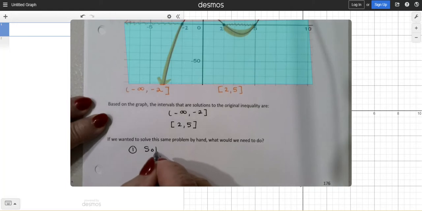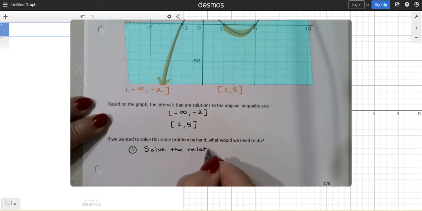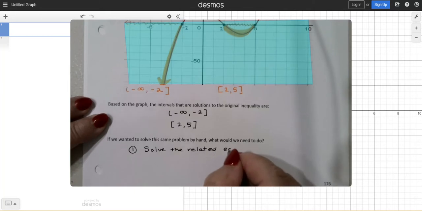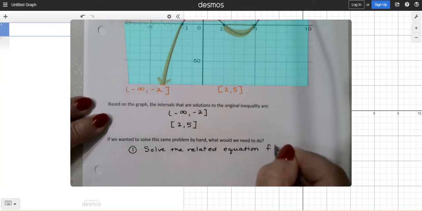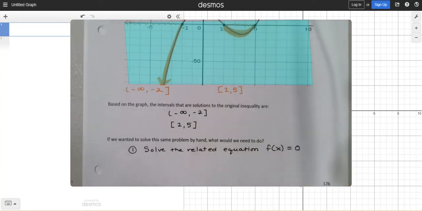I call that solving the related equation. f of x equals 0. We've had a fair amount of experience doing that in this last chapter, right? Solving polynomial equations like that.